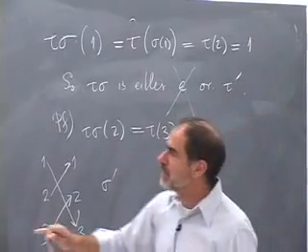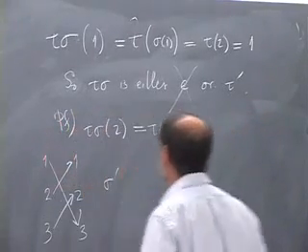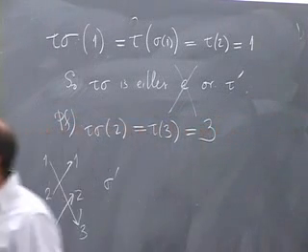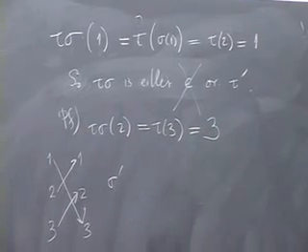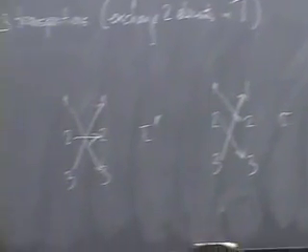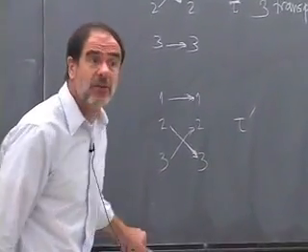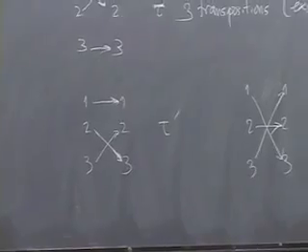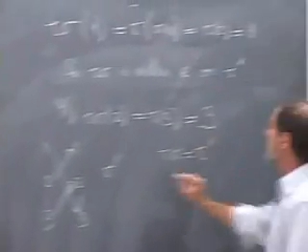And tau of 3 happens to be 3. So it's beginning to look much more like tau prime because it fixed 1 and it took 2 to 3. Now that says it has to take 3 to whatever's left because it's a bijection. So that immediately implies that tau sigma is equal to tau prime.